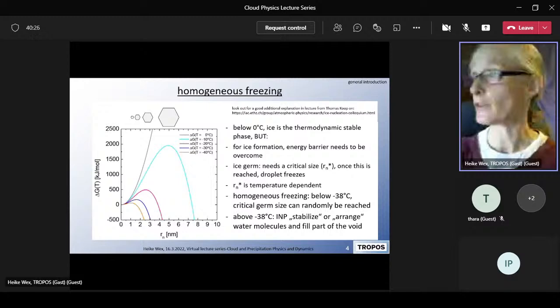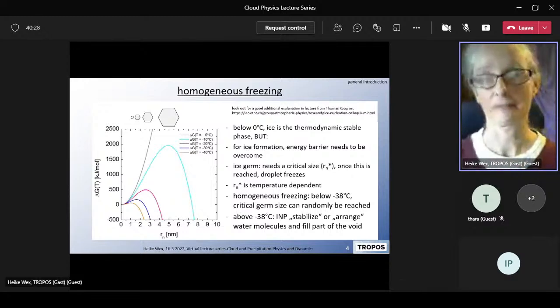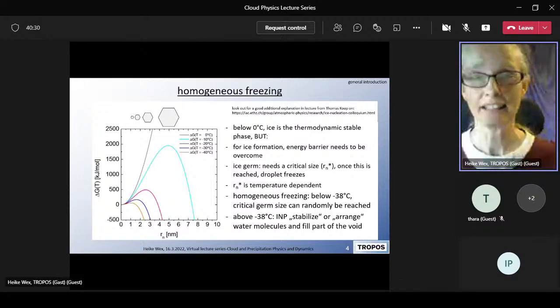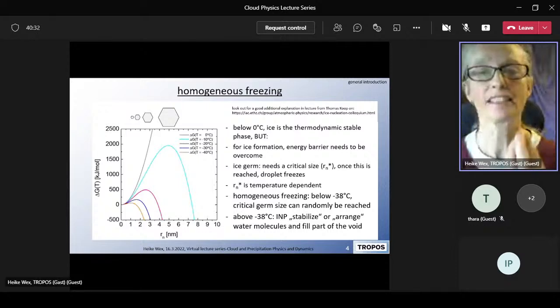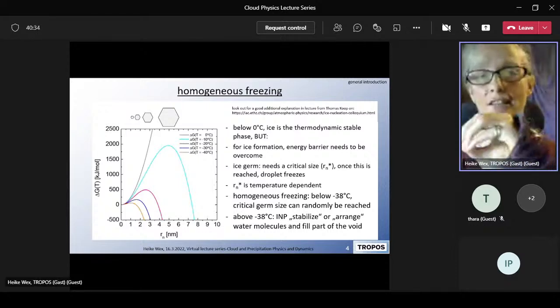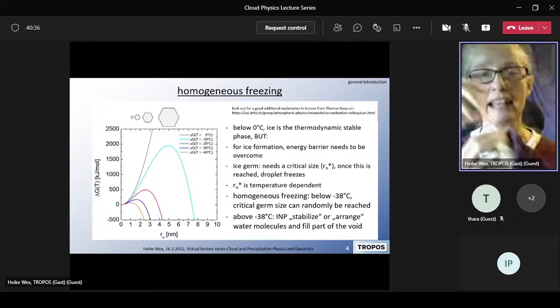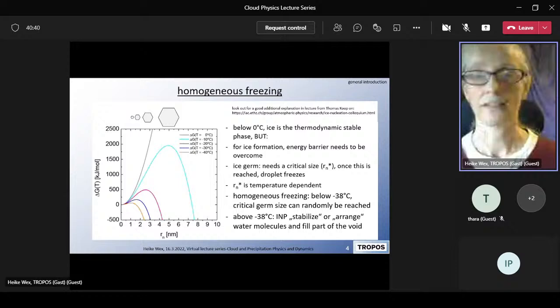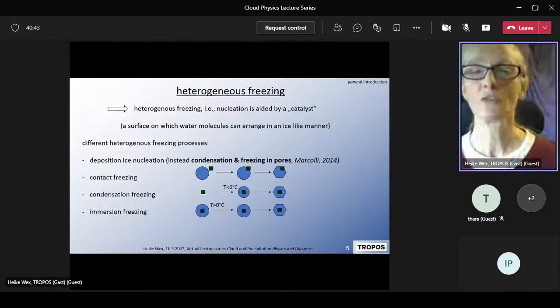So in nature, you have surfaces everywhere that act as INP. But in the air, you really need these particles. And what these surfaces do is that water molecules arrange on them in an ice-like manner, and that helps to overcome that energy barrier. So we need heterogeneous freezing.